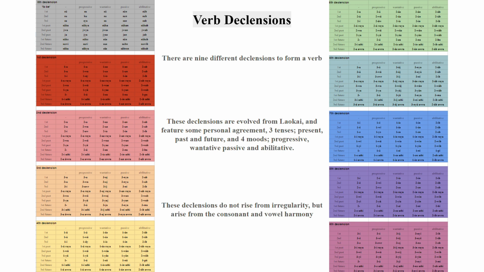Progressive means something like ing in English, like I am doing something, in the progress of something. Wantative is wanting, like I want to do something.